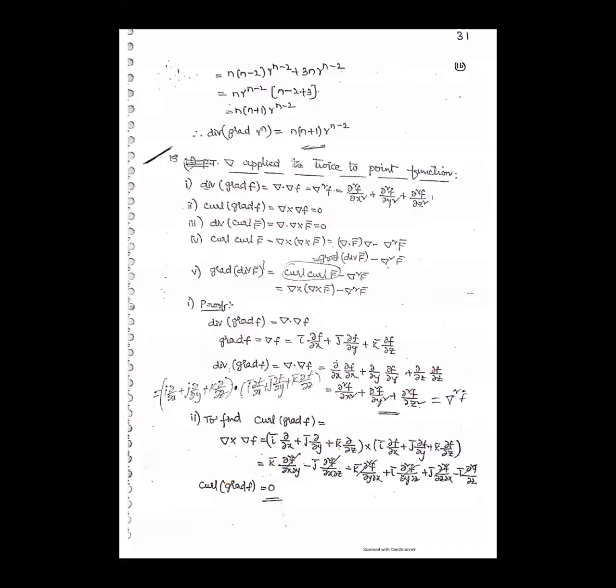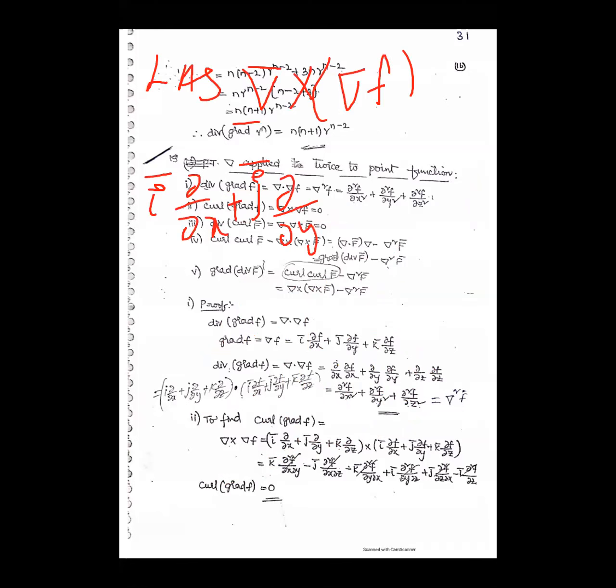So taking the LHS of the second condition, it is symbolically written as del cross del f. Del cross means, first of all, we write the formula of del. What is the formula of del? It is a fixed formula: i dou by dou x plus j dou by dou y plus k dou by dou z.